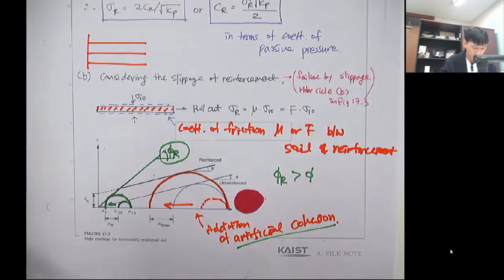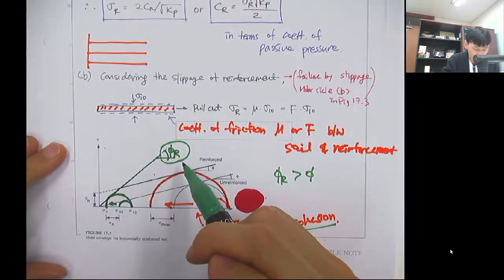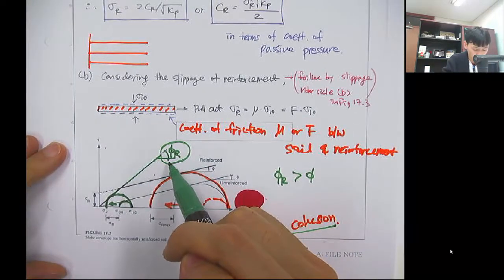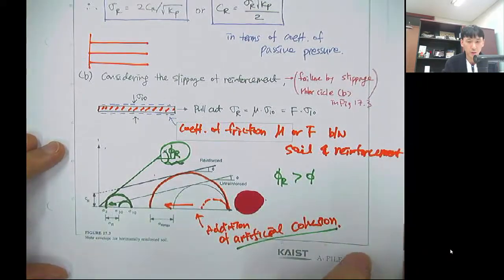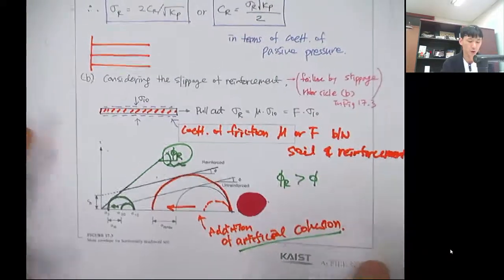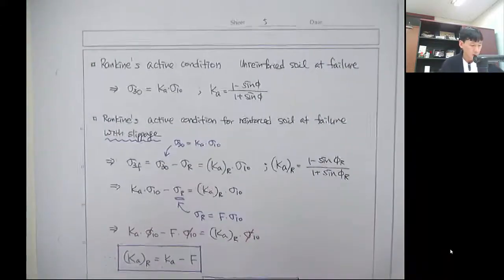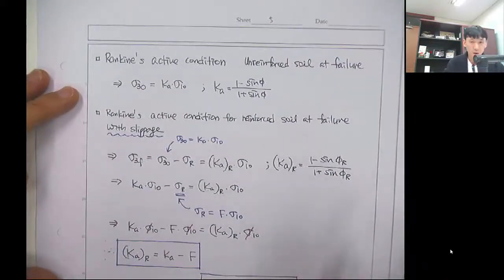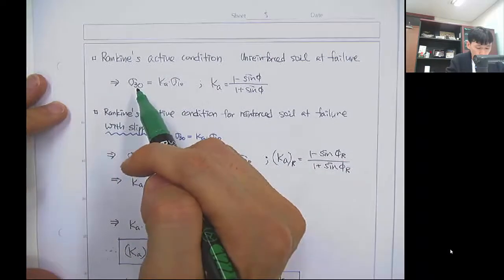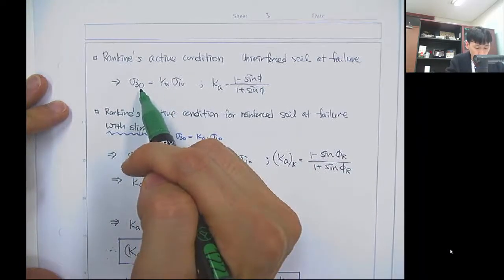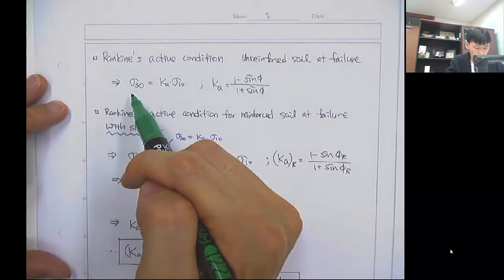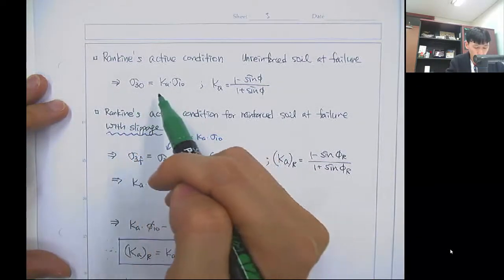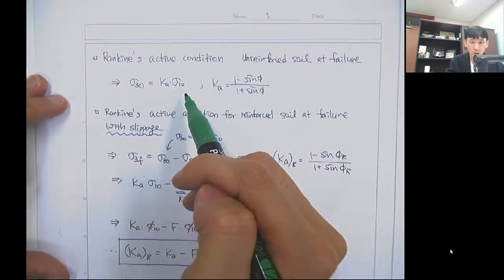So from now on, we're going to see how we can interpret and analyze this phi r effect, the friction effect by the reinforcement in the slippage failure. So recalling the Rankine's active condition, sigma 3 naught, the initial condition of the minor principal stress, is Ka times sigma 1 naught.